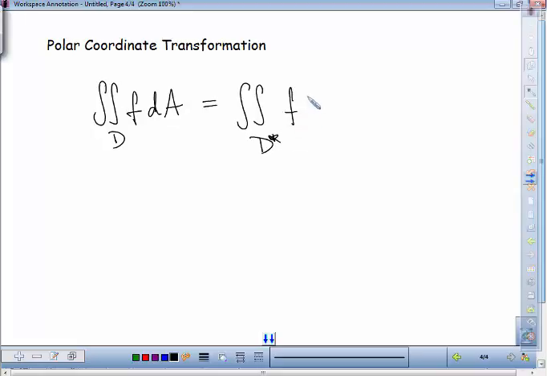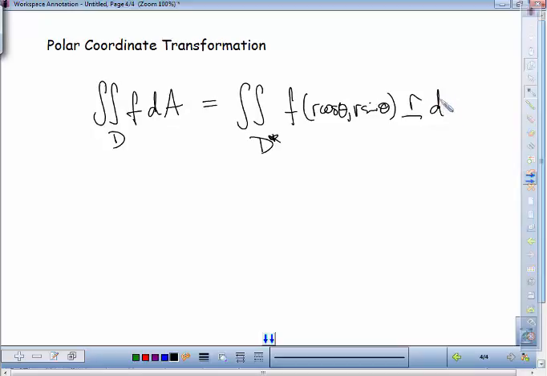Our f, now instead of x, y, which is what's implicit in the left side of the equation, you have r cosine theta and r sine theta. And then r, your Jacobian.